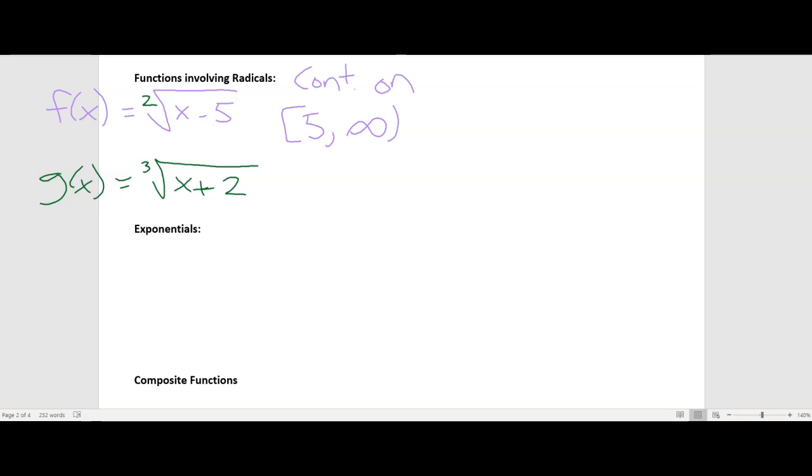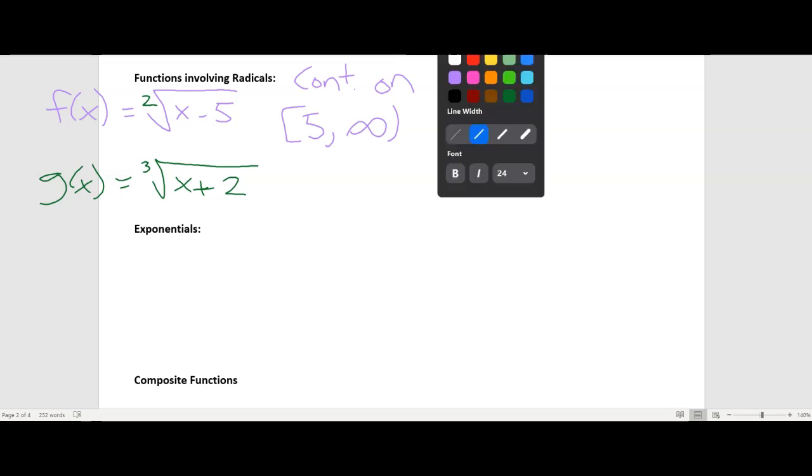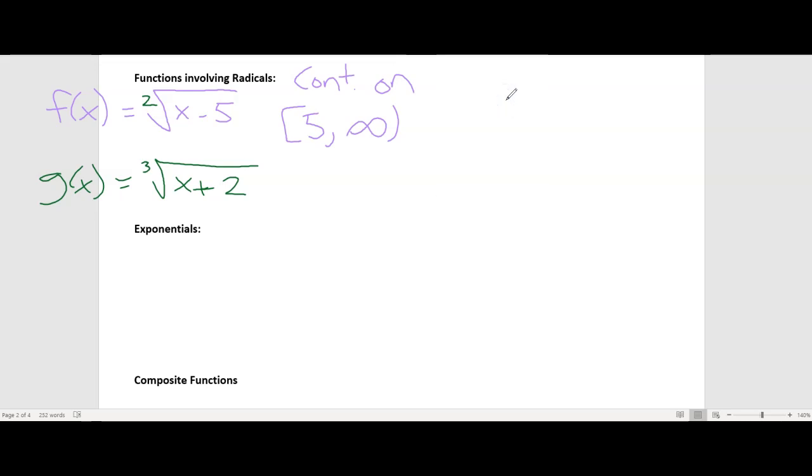The same, it's slightly different when we have an odd index. So for the odd indexes, 3, 5, 7, 9, 11, etc., we can have something negative under the radical sign. A quick example, right? If I take the cubed root of -8, right? Well, there's a number, when I multiply by itself 3 times, it gives me -8.